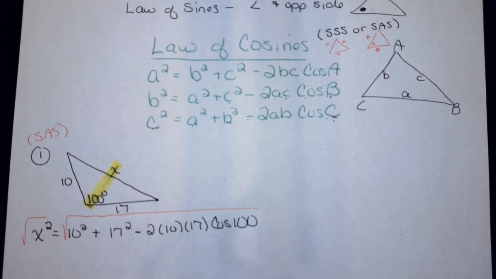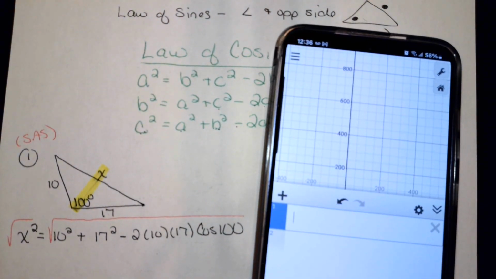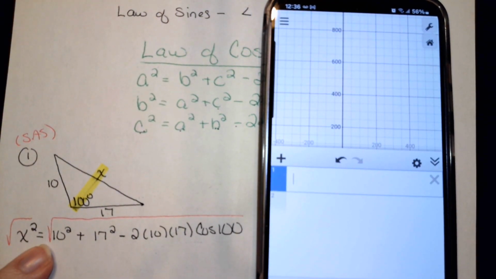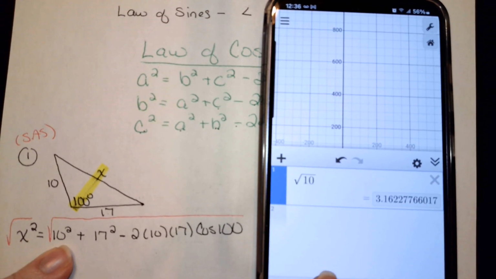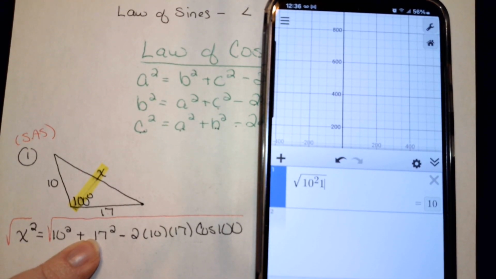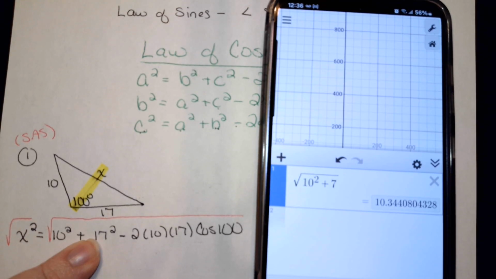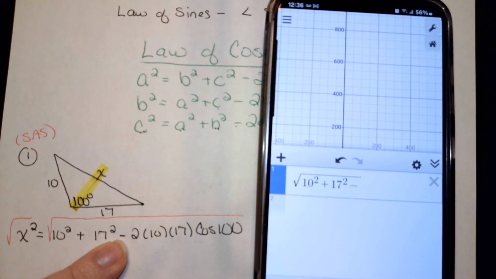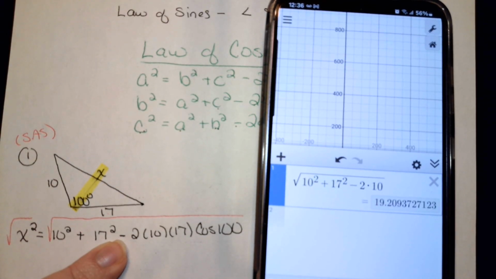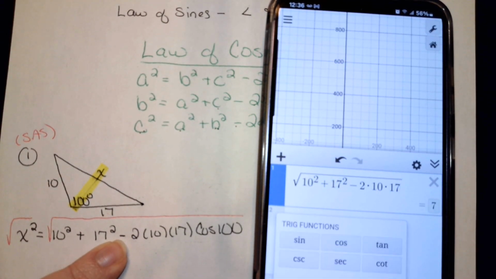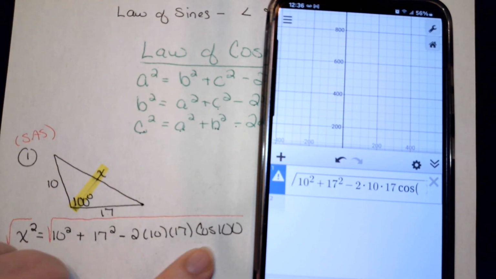So I'm going to put all of this in Desmos. All right, so I'm going to come right here. I'm going to do the square root of 10 squared plus 17 squared minus 2 times 10 times 17 times the cosine of 100.